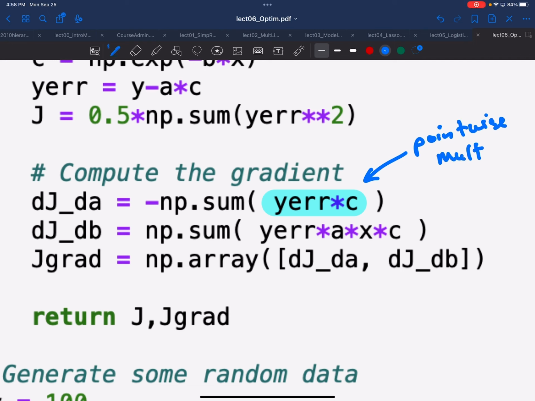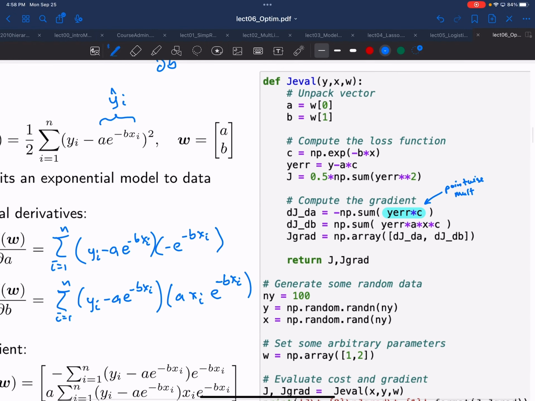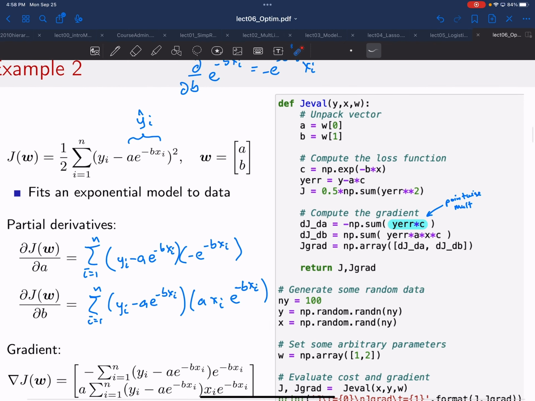Okay, so in MATLAB, the syntax would be very different because MATLAB would be trying to do a matrix multiply here, but in NumPy, a single asterisk is like a dot star in MATLAB. It's just an element-wise multiply. First y error times first c, then second y error times second c, and all the way down. So you have a whole vector, summing across that vector, negating it, and we finally have this quantity computed.